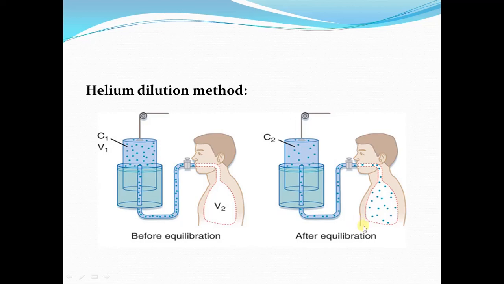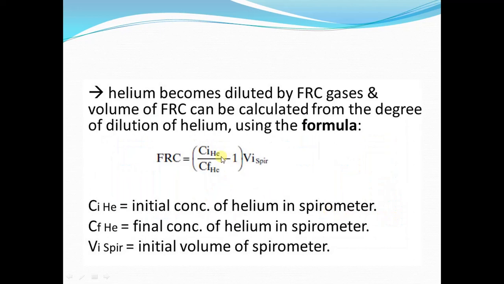And from the degree of dilution of helium, we can calculate the functional residual capacity. Because when a person is breathing normally or quietly, the lung volume is at functional residual capacity. So helium will be diluted by functional residual capacity gases in the lungs, and we can calculate this volume from the degree of dilution of helium.